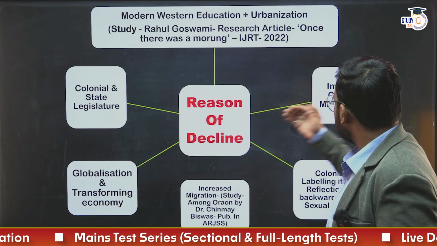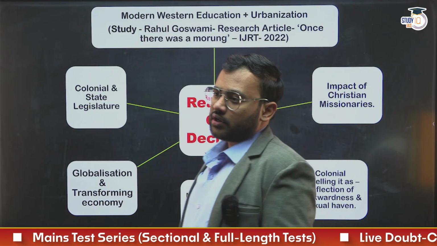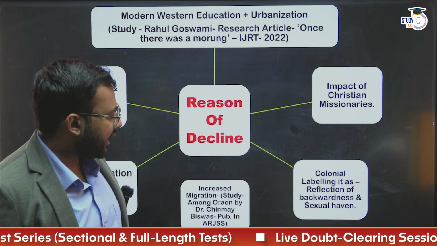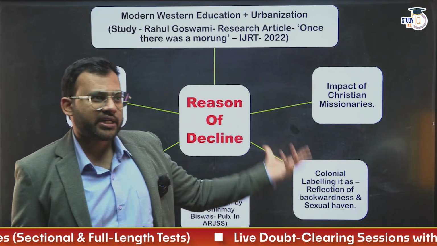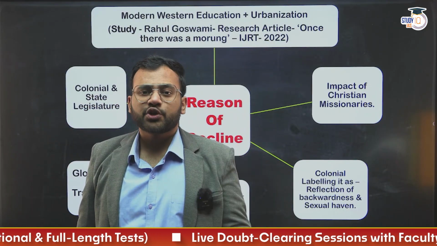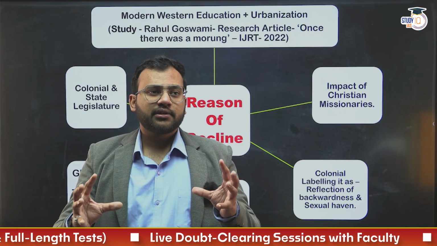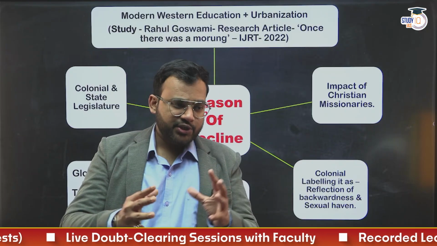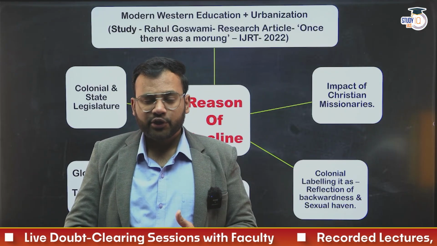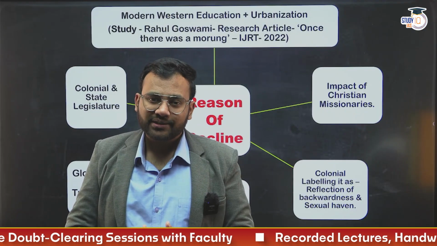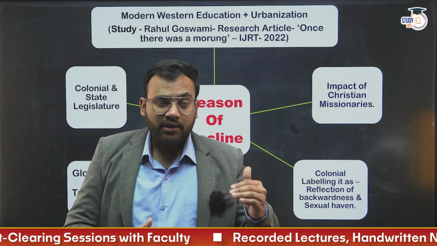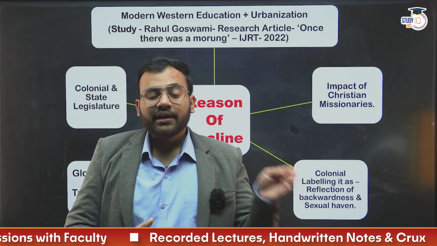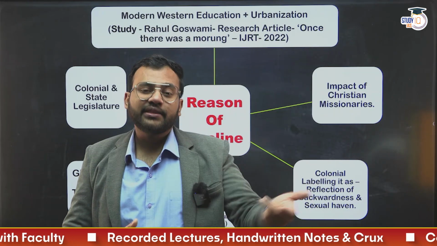Apart from that, you'll see that Christian missionaries have also resulted in the decline of these youth dormitories. Okay. Next is the colonial labeling. Why are Christian missionaries after them? Because of the colonial observation of these youth dormitories as a mirror or reflection of backwardness. They observed these youth dormitories as a sexual haven. They observed them as a reflection of backwardness, because of the oral tradition, all the customs, all the values that they learn, that get inculcated during their stay in these youth dormitories.